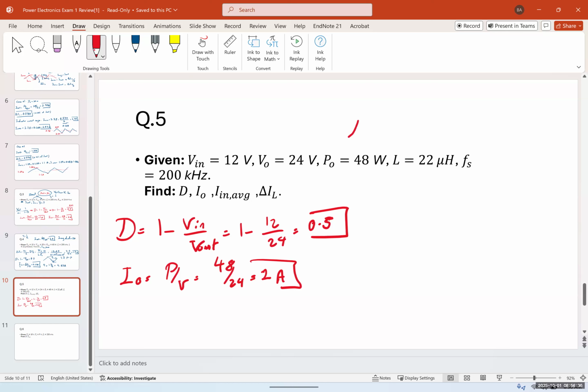Because it's an ideal situation, therefore Pn is equal to P out. So In, or the average I, would be equal to power again divided by its voltage gives us 4 amps.